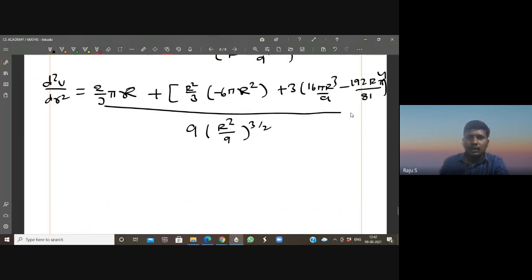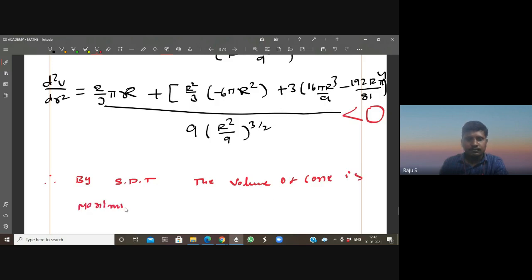No need to simplify all this, this is very lengthy again. Simply we can write it is lesser than 0. Therefore, by second derivative test, the volume of cone is maximum. That's all.